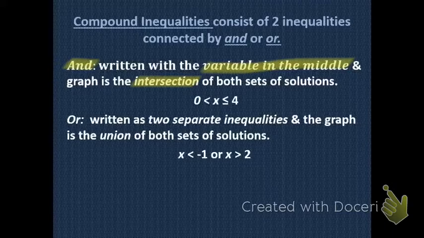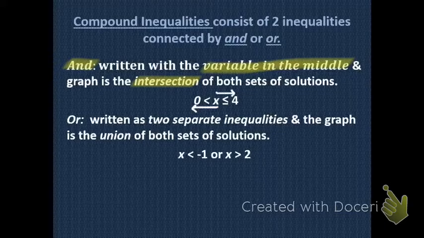Which one do I need to start with when I'm reading the inequality? The variable. So you've got to be careful because the variable is in the middle of this problem. So I have to read from the variable. If I do that, then this reads x is greater than 0 and x is less than or equal to 4. So you have to make sure that you're reading from the variable.